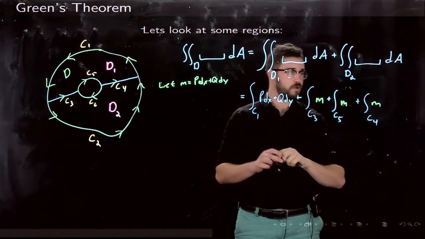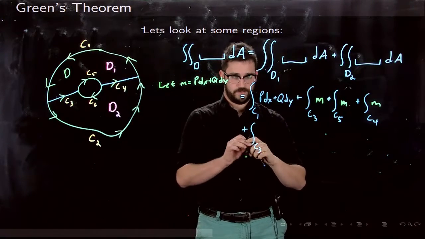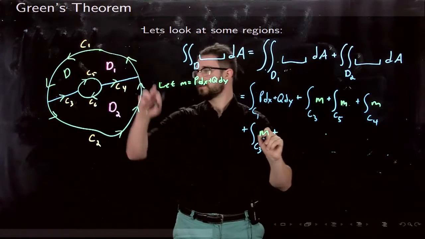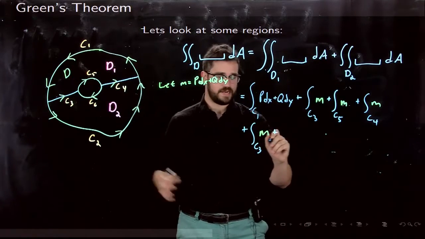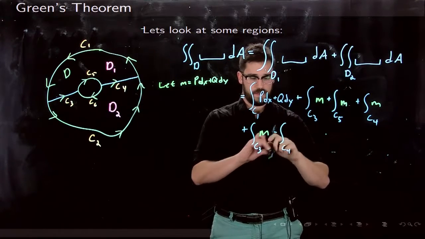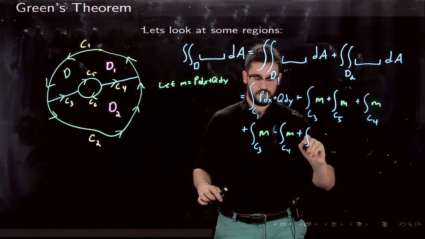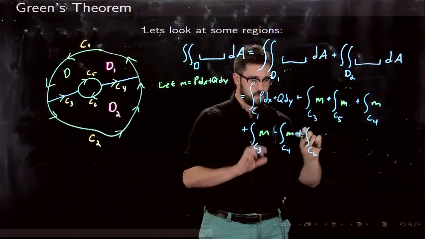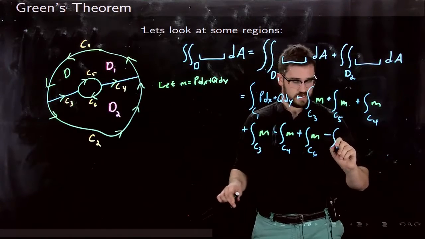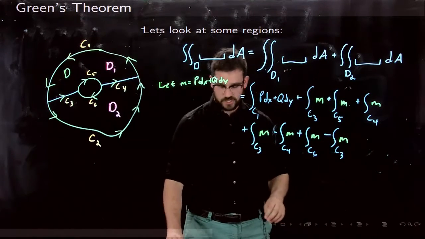Then we need to do D2, so we get plus the integral over C2 of M, plus, as we know, it's now minus, from our previous example, minus C4 of M, minus, no, actually we're positive here, so plus C6 of M, then minus C3 of M. And that means we get some nice cancellation.